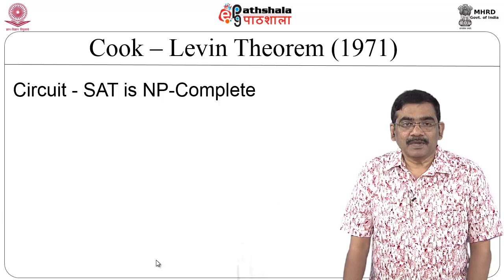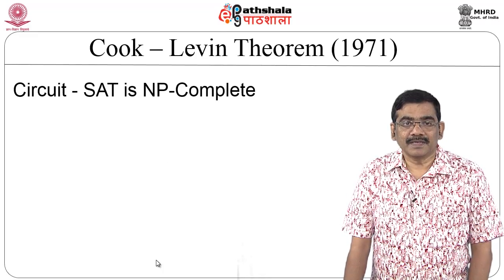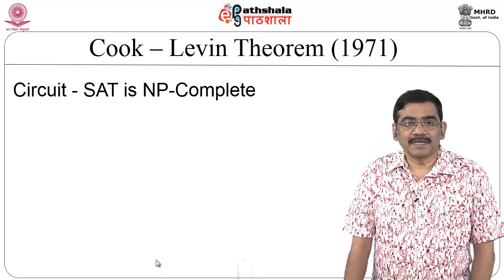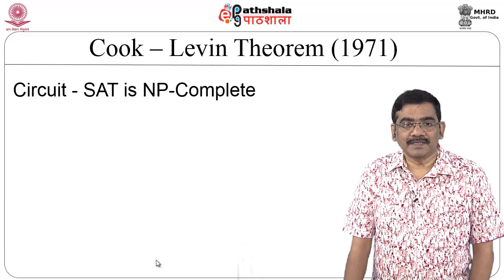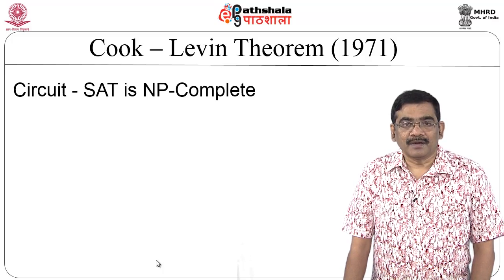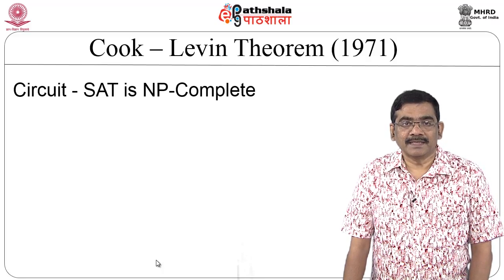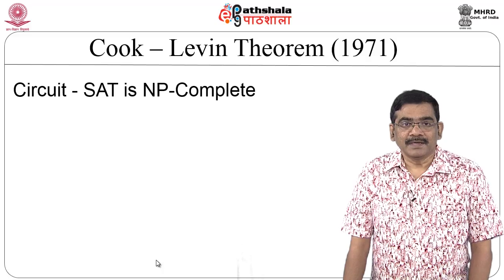Another remarkable discovery in computer science is the Cook-Levin theorem. Last module we discussed how Stephen Cook and Levin independently formulated this theorem, that is, circuit SAT is NP complete.